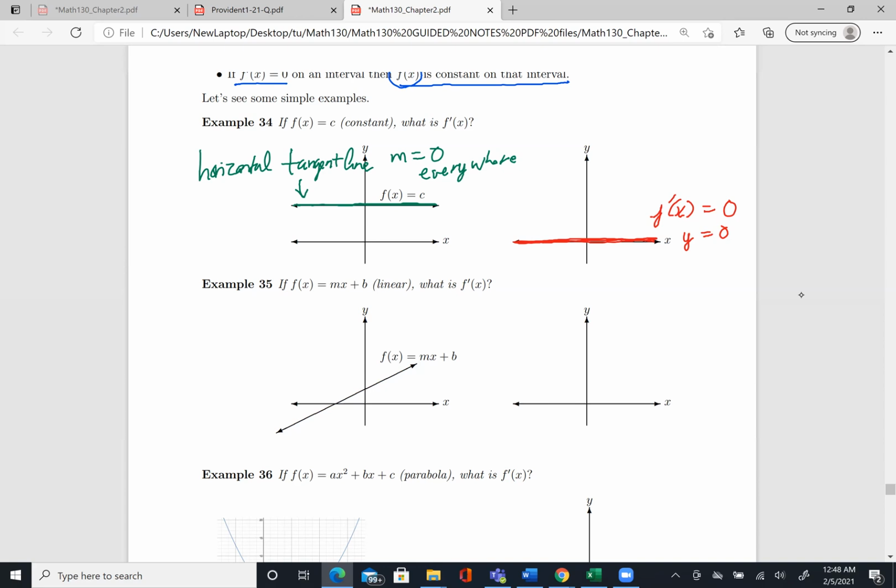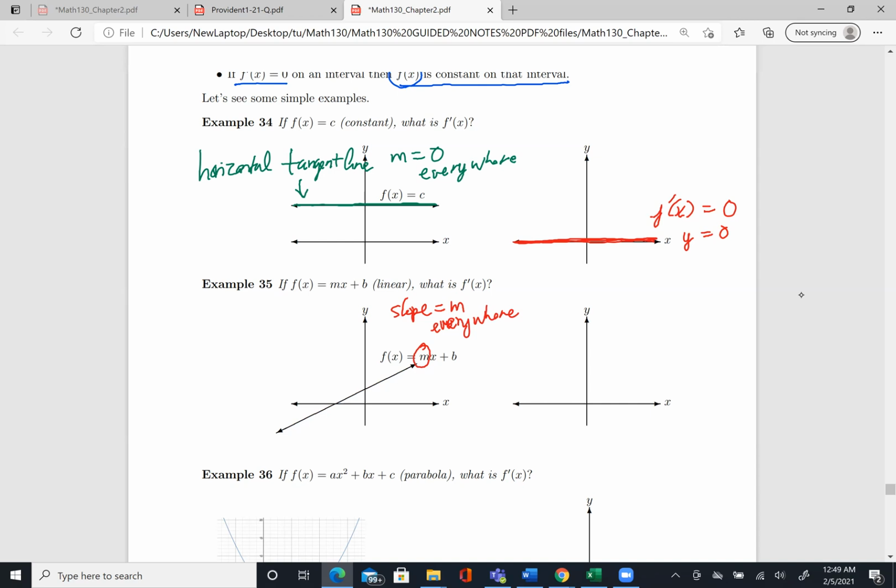Seeing that f(x) is an increasing line, and also it's linear, then f'(x) is just the slope of this tangent line. So I'm going to say the slope equals m everywhere.